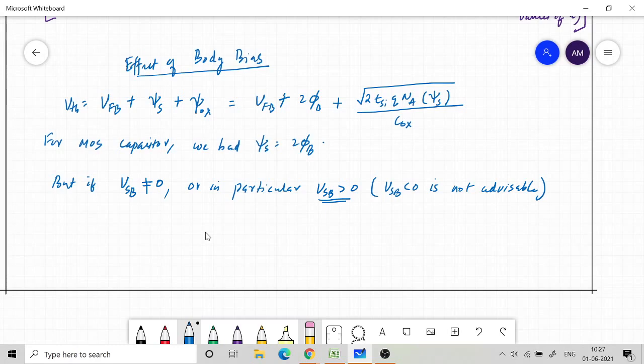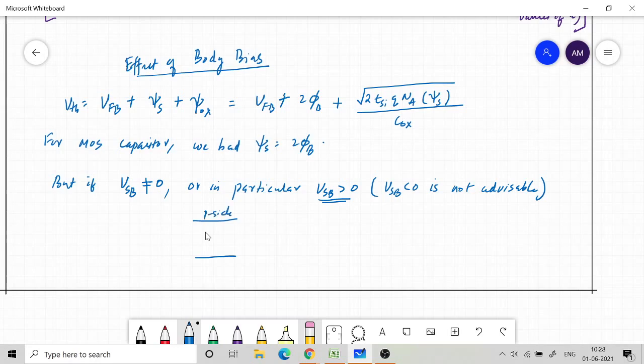If you draw a PN junction, you can draw the band diagram. So for example, here we have the P side and here we have the N side. Without any voltage we can draw a PN junction. So this is the P side.